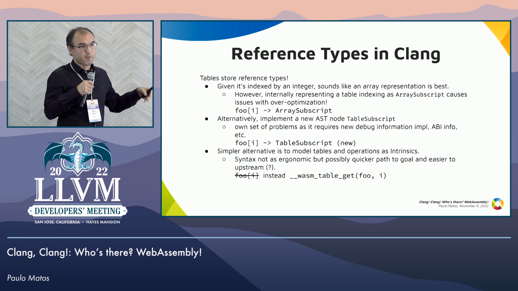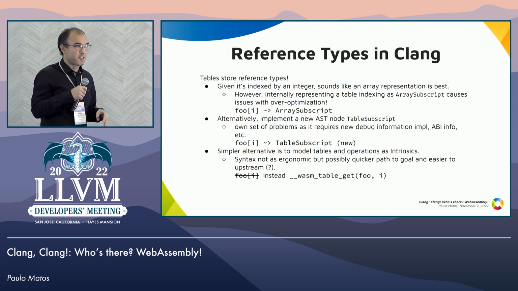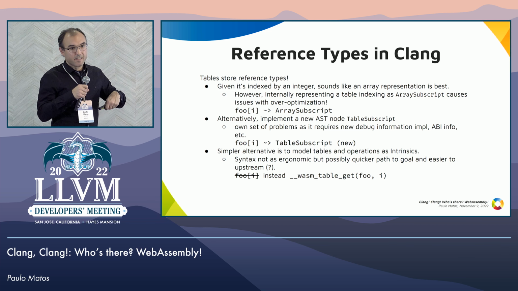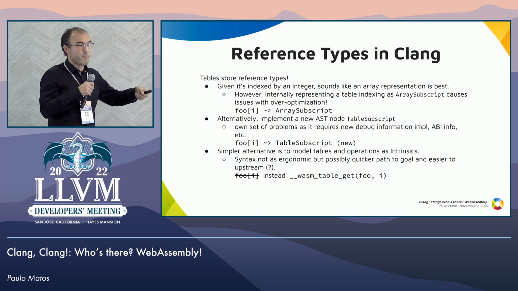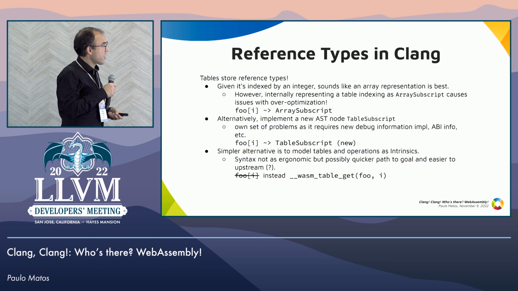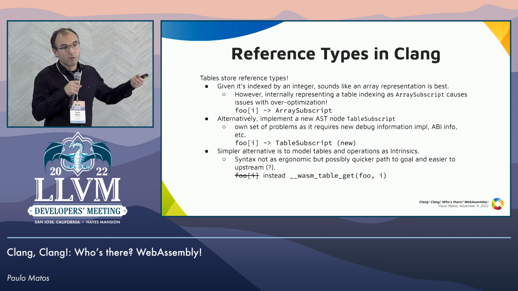At certain optimization levels, Clang is going to mess up array subscripts, because the semantics of C++ arrays is not the same as tables, and changing all the places where the semantics are not the same is quite a huge amount of work, and you always run the risk of not catching all of them.